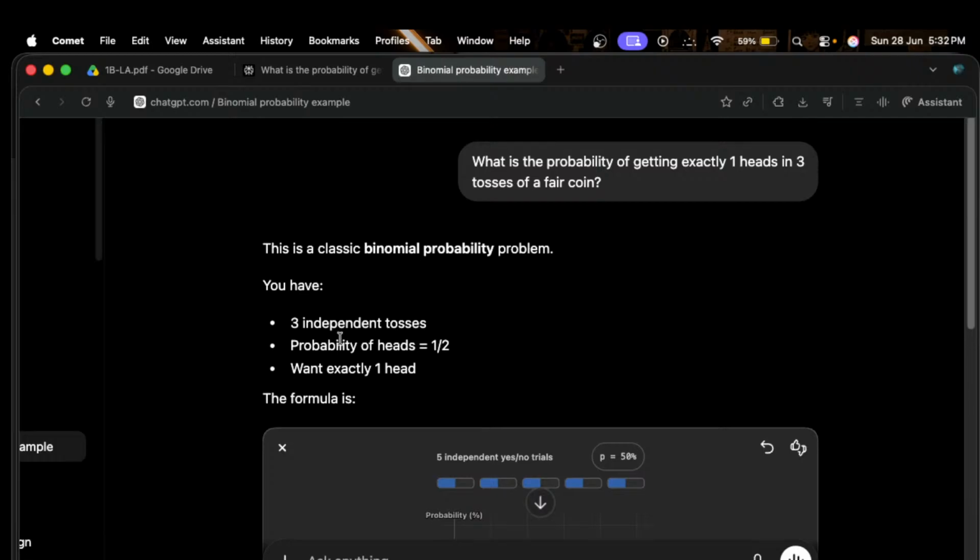Okay, there are three independent tosses. The probability of heads is 1 by 2.